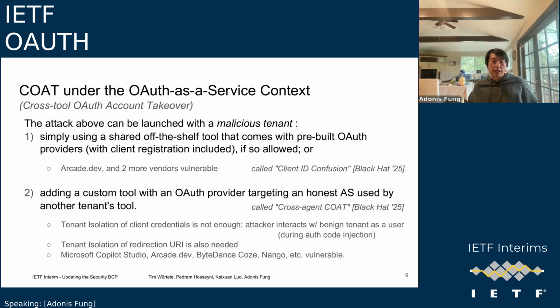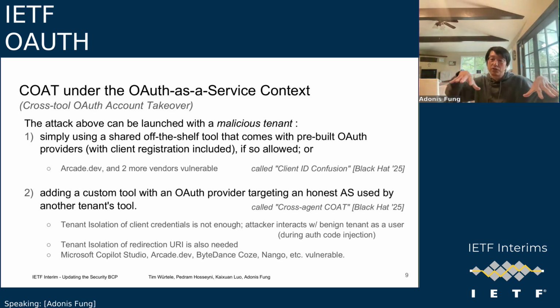They didn't realize that with this cross-agent code injection, think about you have one tenant, and it has its own auth provider, its own auth tools, its own tools. Then you have another tenant, a malicious guy, who is able to offer his own tool and his own custom auth provider.